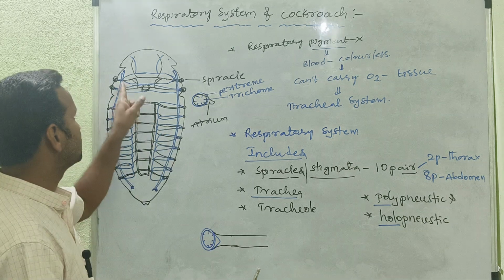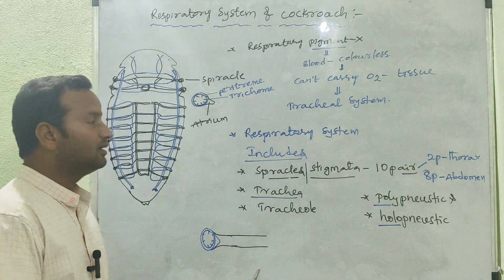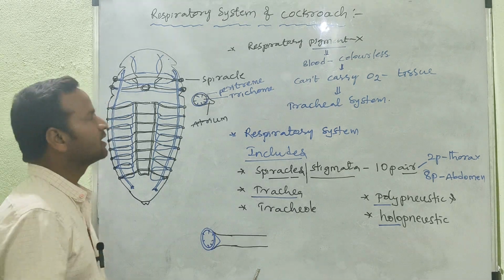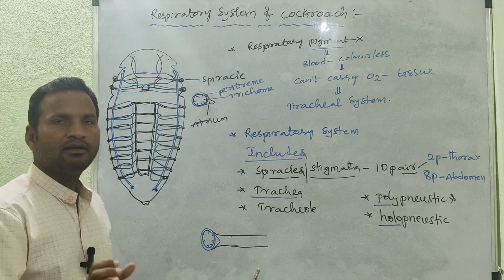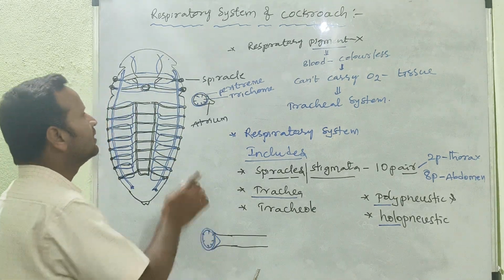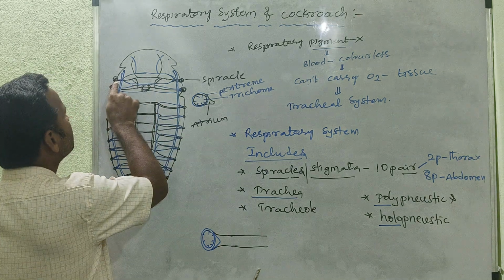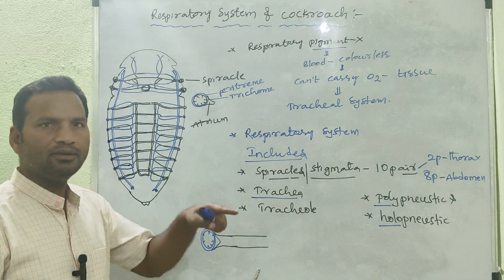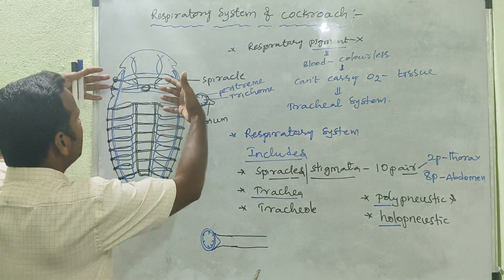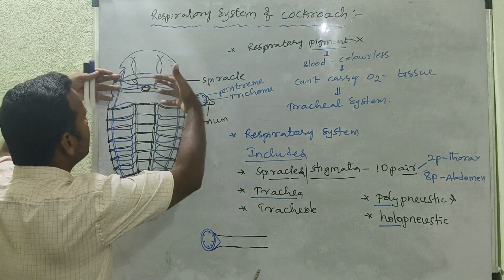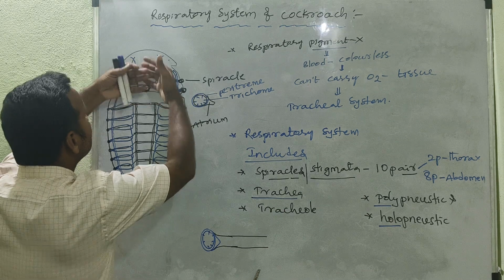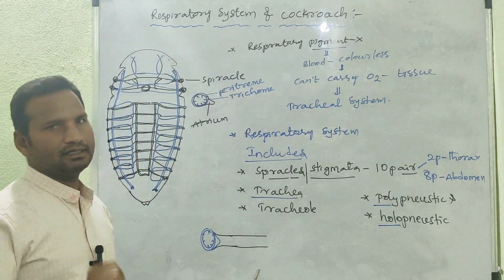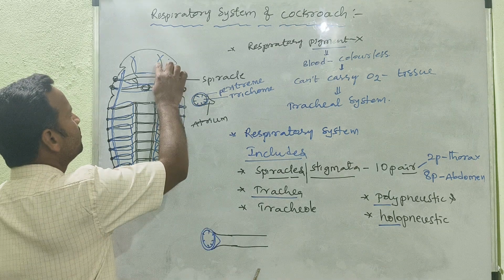Now, I will give the explanation about it also. Especially in the thoracic region of the cockroach, several horizontal tracheae arise from the spiracles of the thoracic segments, and further these are fused with each other, or joined with each other, to form several tracheal trunks, such as what?